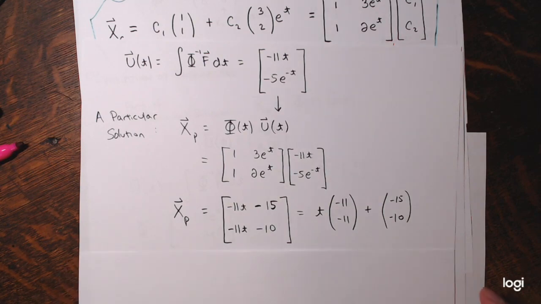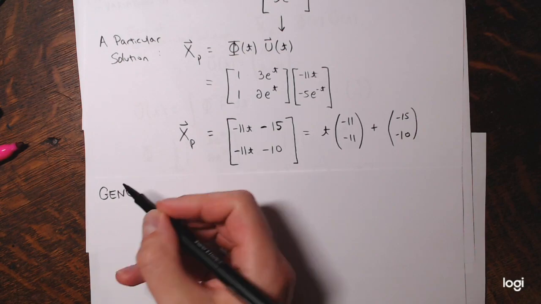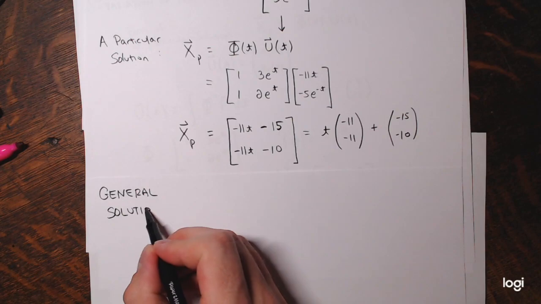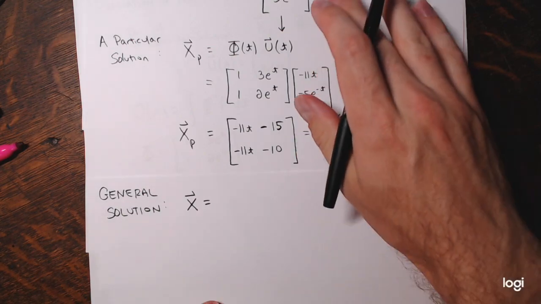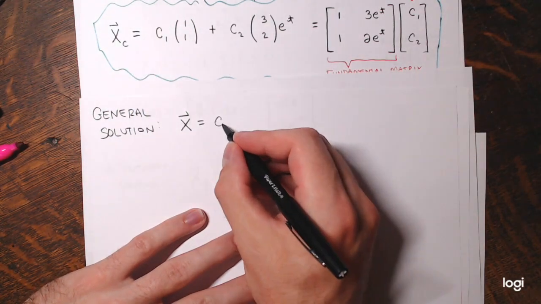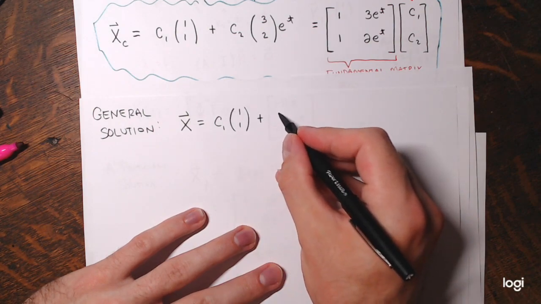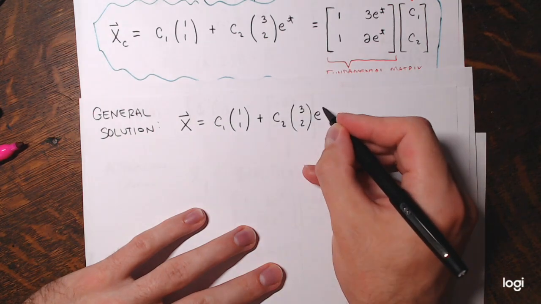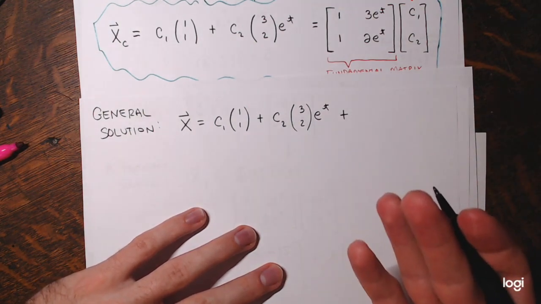So finally, the general solution of our system is the following. I can replace x with xc, some constant c1 times the vector 1, 1, plus some other constant c2 times the vector 3, 2 times e to the t, and then plus our particular solution.